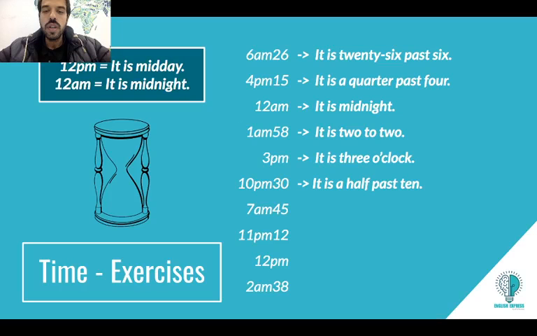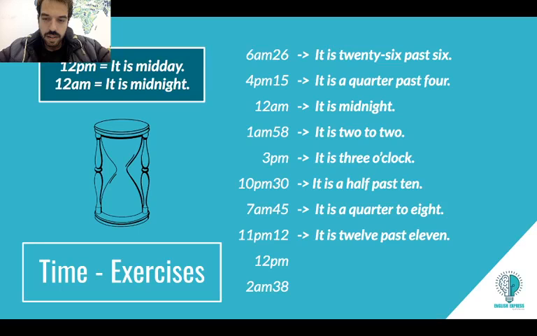So it's a quarter to 8, right? Remember that with to, we always use the next hour that is coming, right? Amazing. 11:12 p.m. In this case, it's 12 past 11, right?